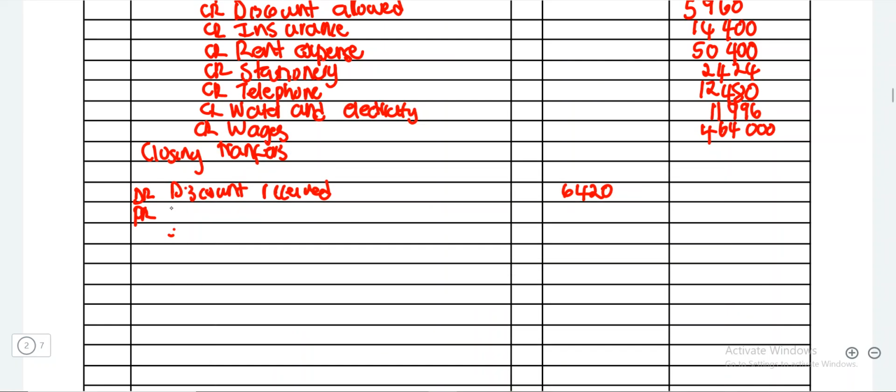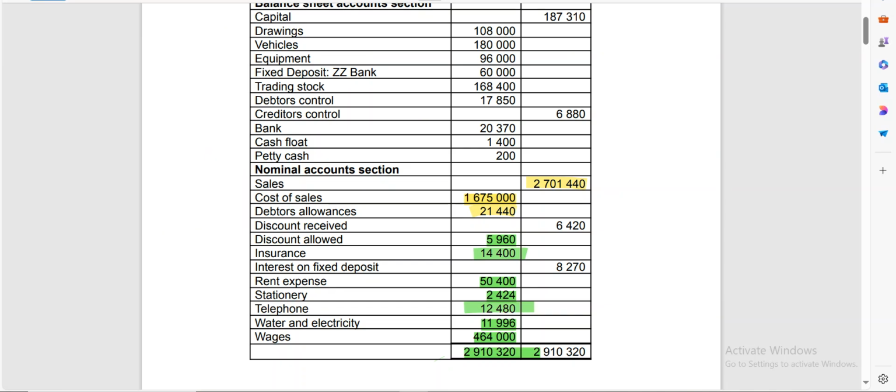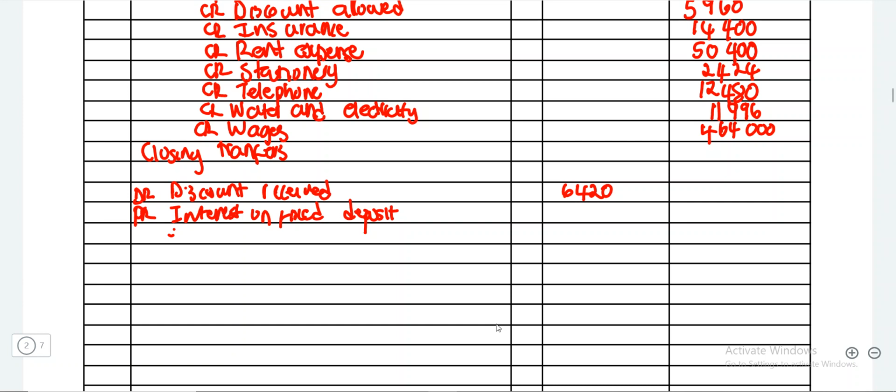So we're going to say debit interest on fixed deposit, and then remember that amount is 8,270, so that 8,270 is going to come here. Okay, and then from there what must we do?